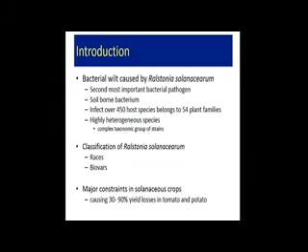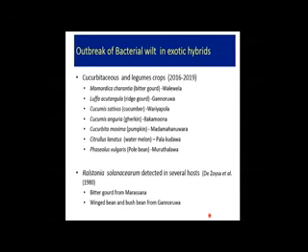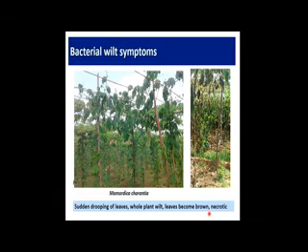In recent years in Sri Lanka, there have been outbreaks of bacterial wilt in exotic hybrid cultivation in many places, mainly the Central Province, East, and North Western Province, in crops such as ash gourd, wing bean and bush bean. Here you can see the wilt symptoms: suddenly drooping leaves, whole plant wilt, and leaves becoming brown and necrotic.